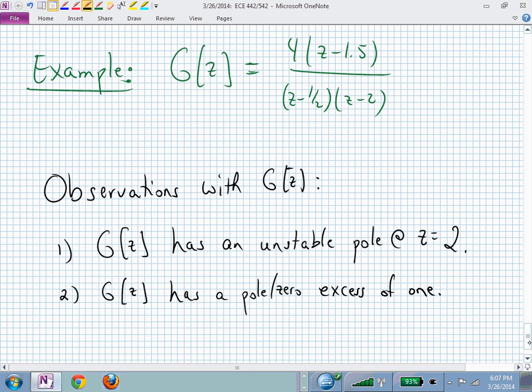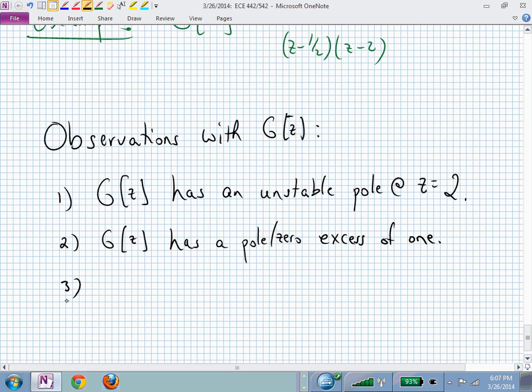So that's observation number 3, that G of Z has a zero outside the unit circle. G of Z has an unstable zero, and where is that? At 1.5, at Z equal to 1.5.